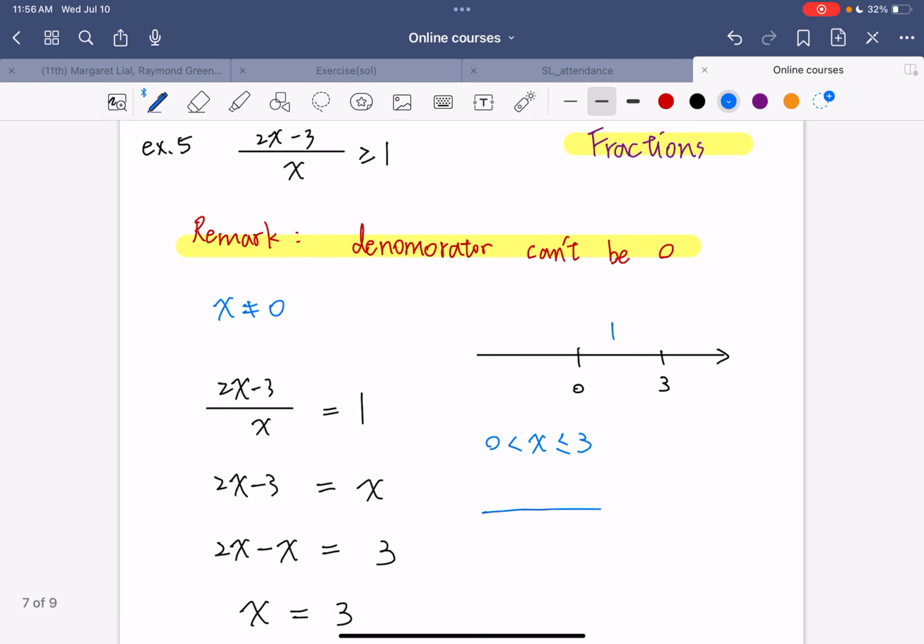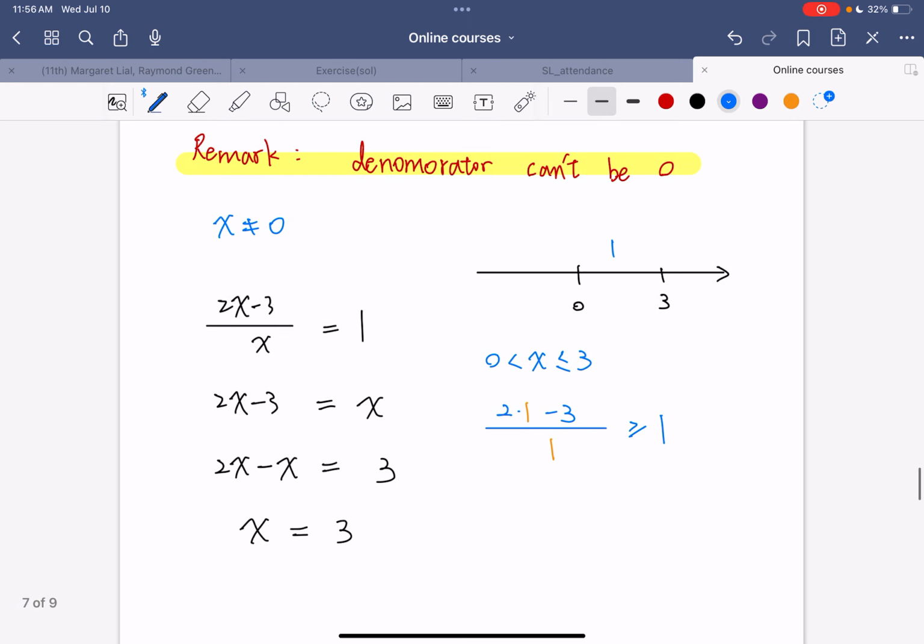So this will be 2 times 1 minus 3 divided by 1, and we want to see if this is greater or equal to 1.